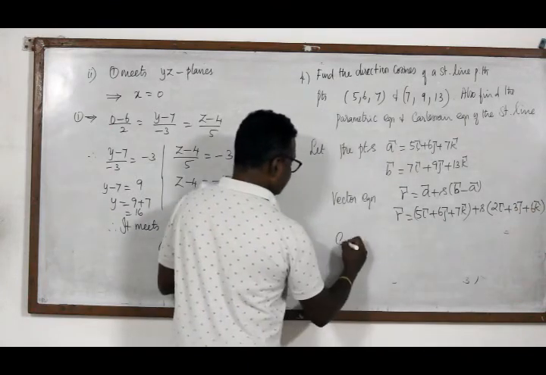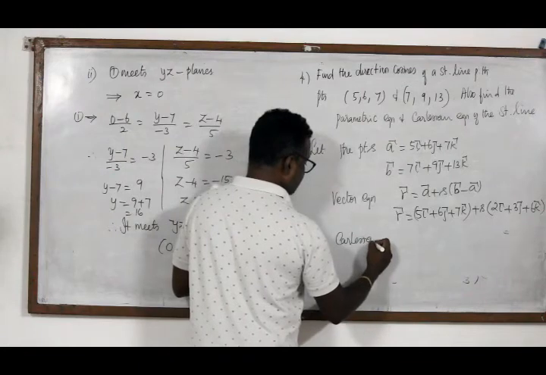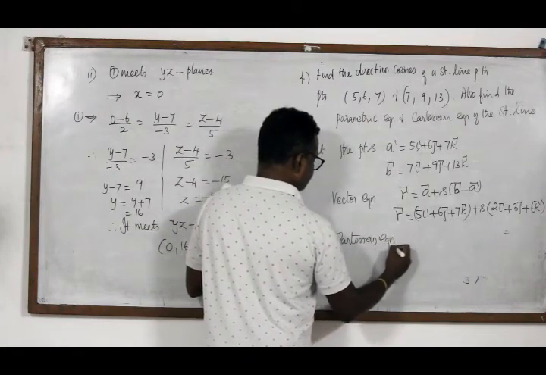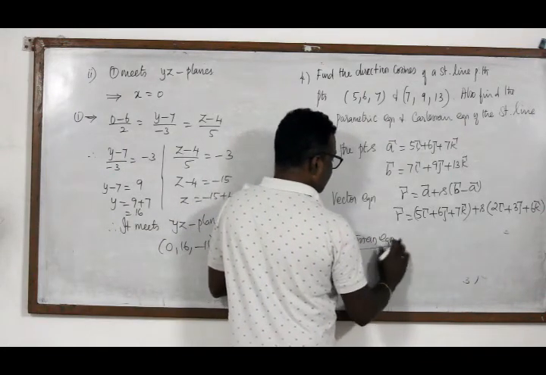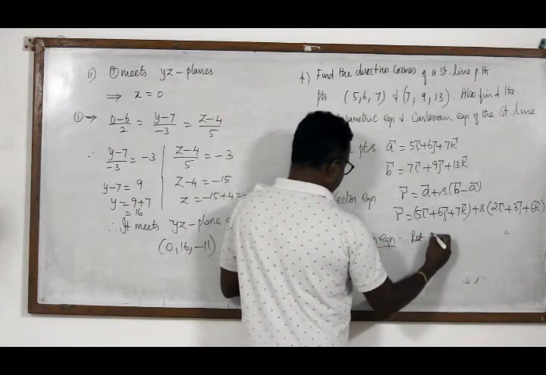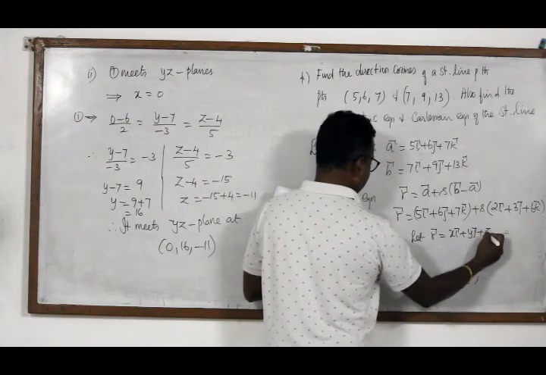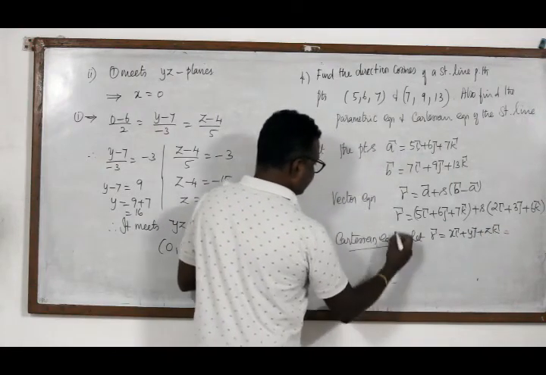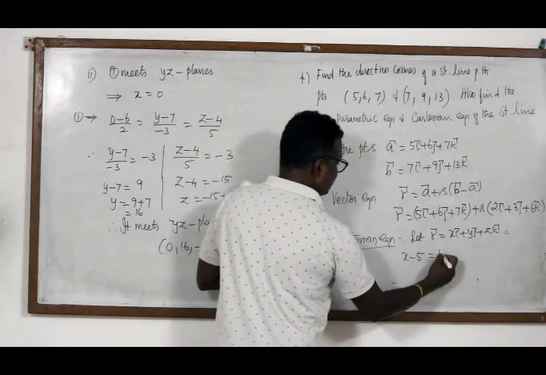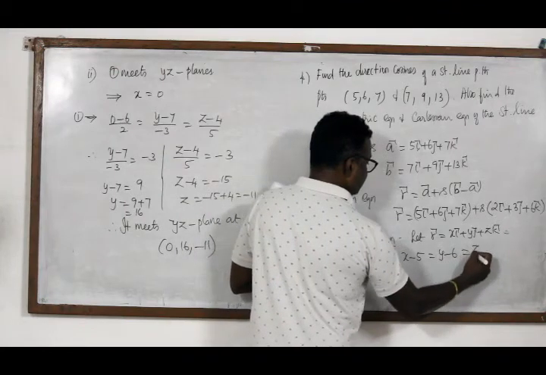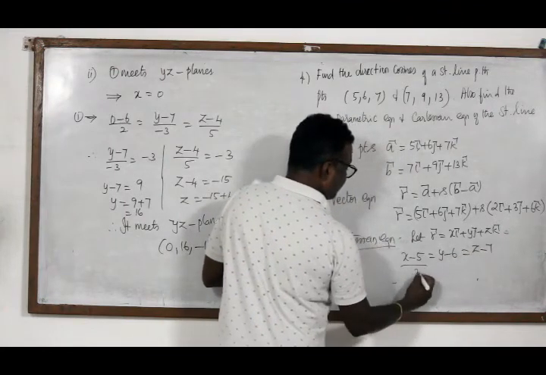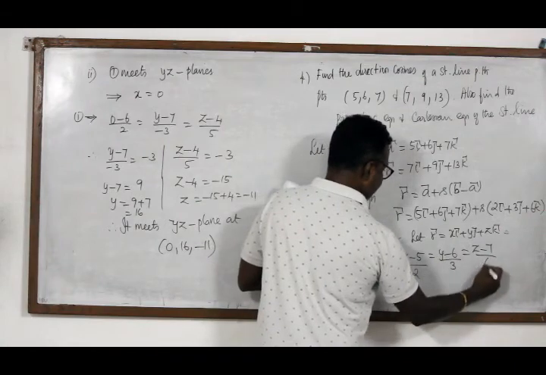Then the Cartesian equation is, let R vector equal to xi. Since they are asking the Cartesian equation, we can write the Cartesian equation as like this. Then it is (x minus 5), (y minus 6), (z minus 7) by 2 by 3 by 6.